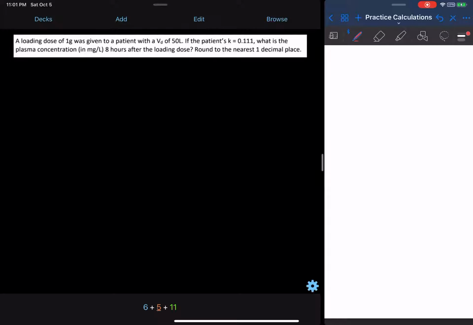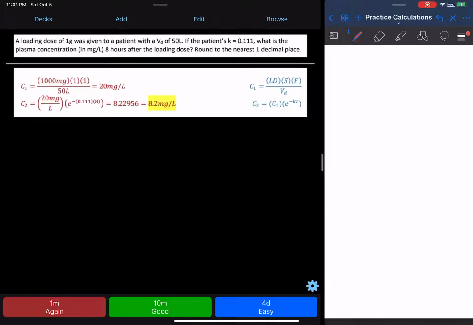Okay, for this one, I think I need the equation for it, so yeah, I definitely need the equation for it. So for concentration 1, I would take the loading dose and divide that by the volume of distribution, and then move on to first solving the second concentration, and then multiply that by e.